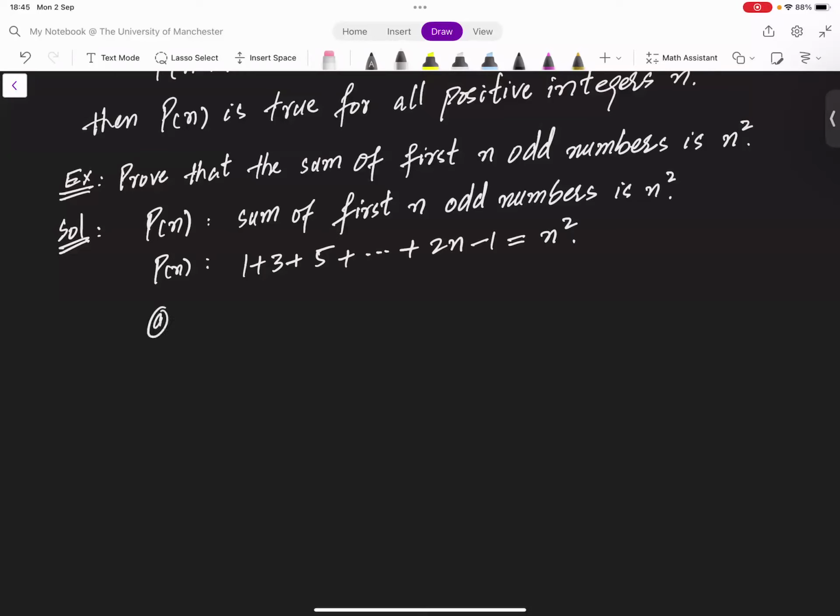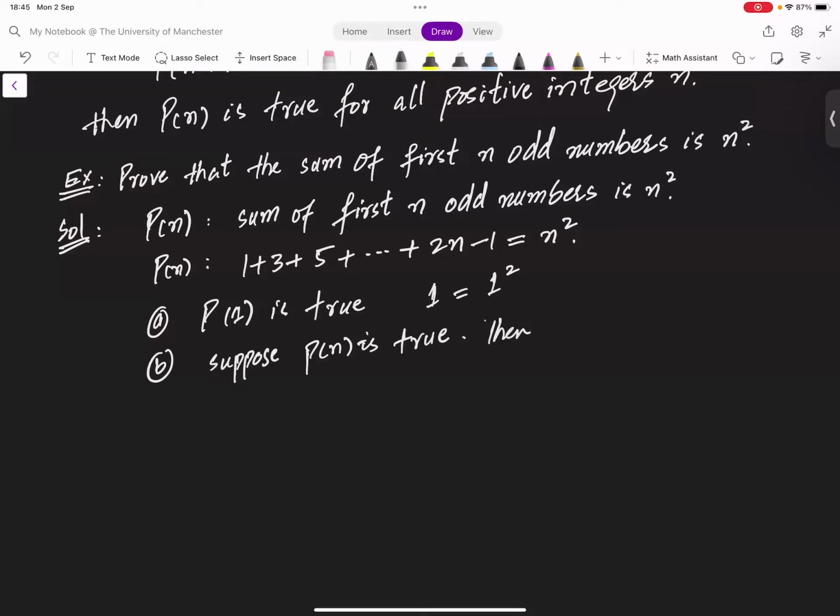So part A is P of 1 is true, which is indeed true, 1 square is 1. Part B is, we say, assume or suppose P of n is true, which means 1 plus 3 plus 5 plus ... plus 2n minus 1 is indeed n square.